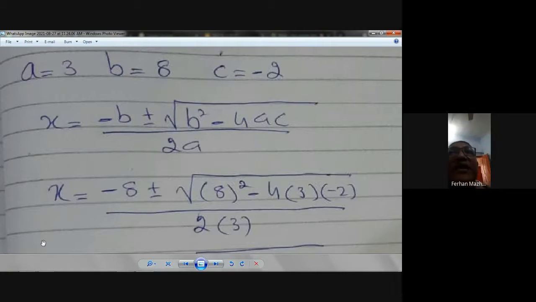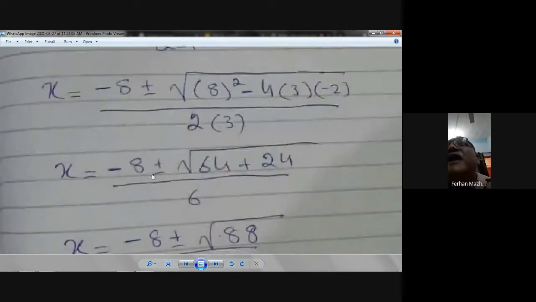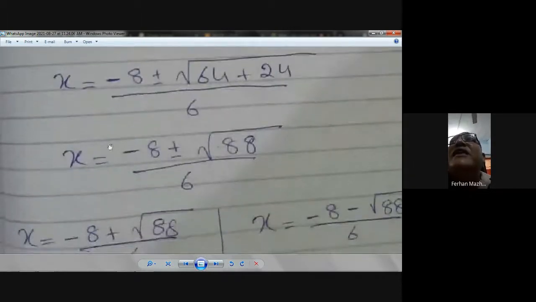So we will have minus 8 plus minus under root 64, and this minus minus plus, 4 3s are 12, 12 2s are 24, divided by 6. So we will have minus 8 plus minus, this will become 88 divided by 6.